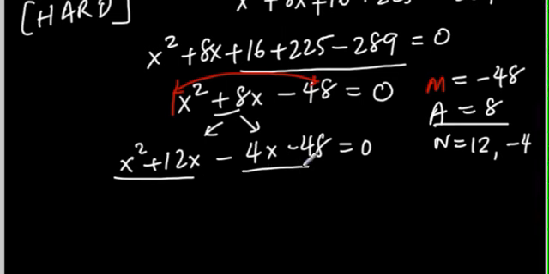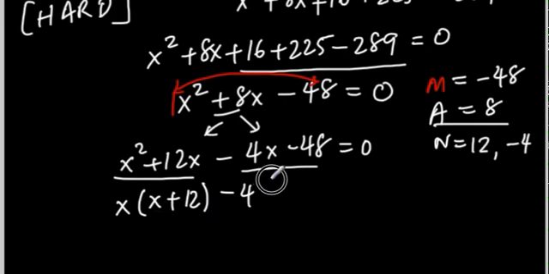Group the first two, group the last two, so x plus 12, and this is minus 4, x plus 12 equals 0. And if you observe, negative 4 times x is negative 4x, negative 4 times 12 is negative 48.